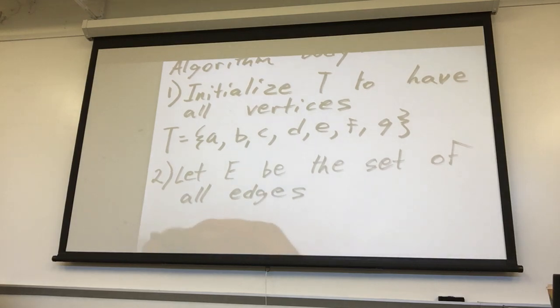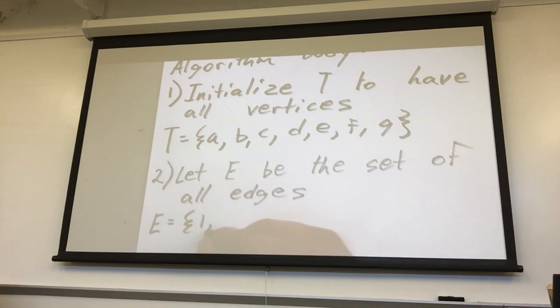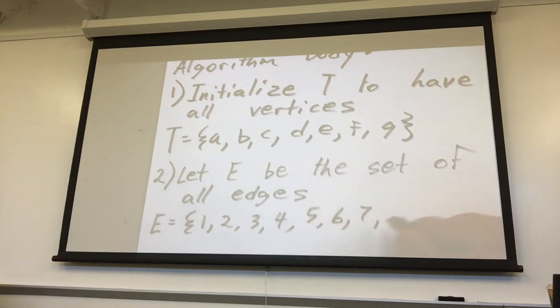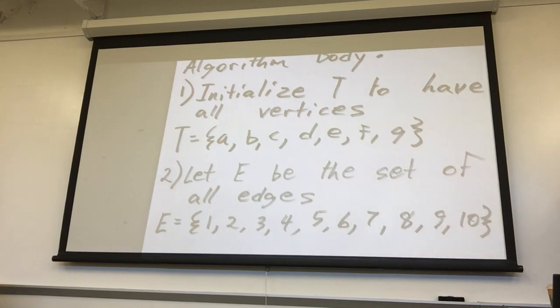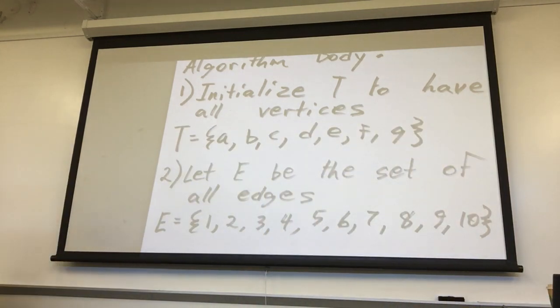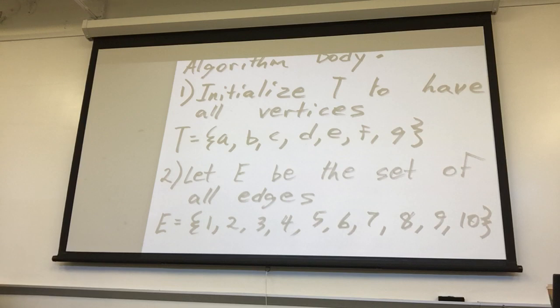So what would E be? Let's include them by their weight: 1, 2, 3, 4, 5, 6, 7, 8, 9, and 10. So what we basically want to do is set up two sets: one set that contains all of the vertices and one set that contains all of the edges.